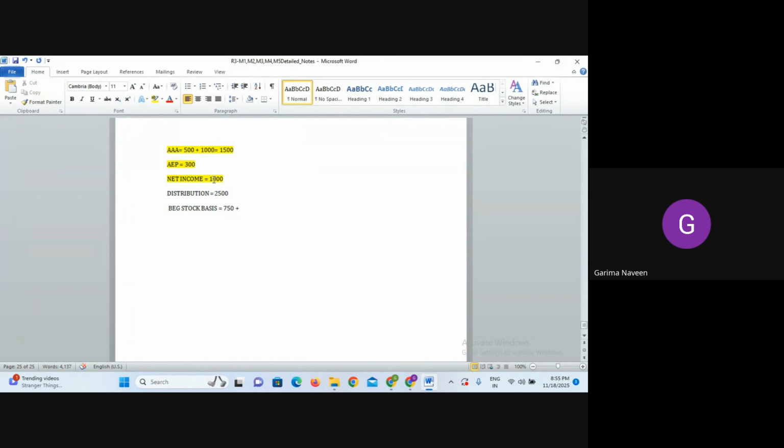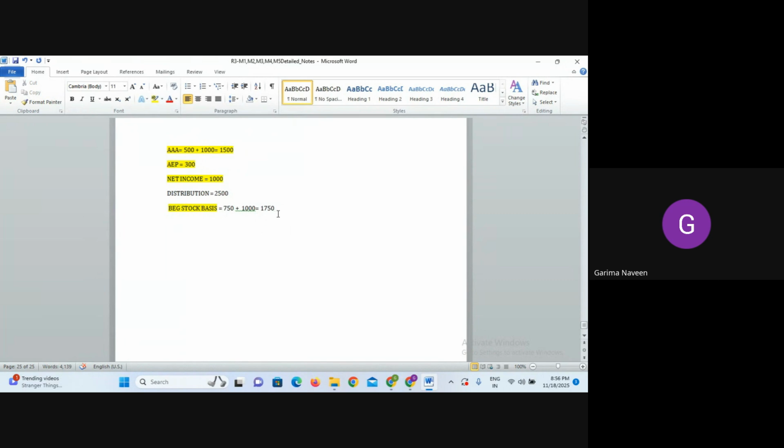Since I have given you the stock basis of only one individual, it means there is a sole shareholder, so the whole amount of income will be added to his stock basis. So his ending stock basis will become $1,750. So I have calculated the first ending balance of AAA and the stock basis.